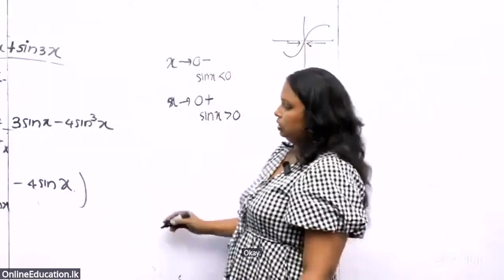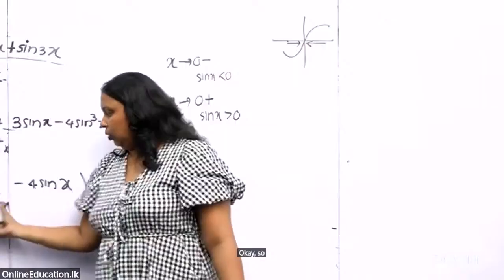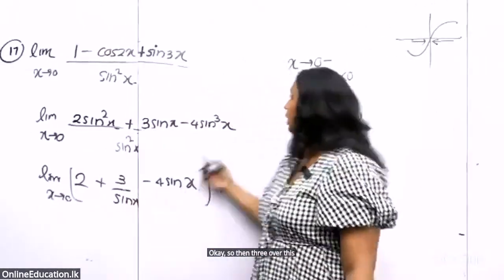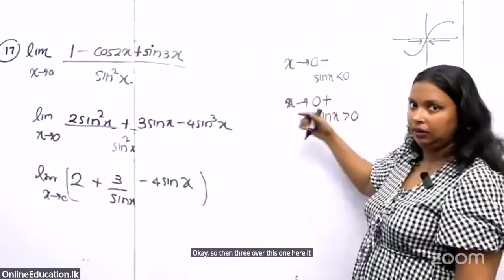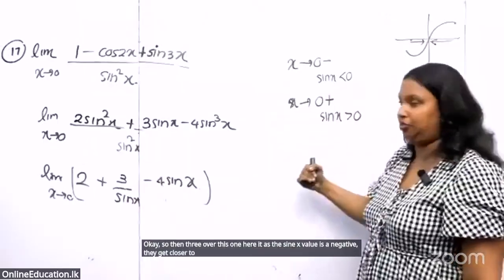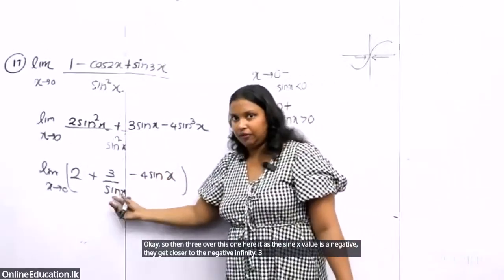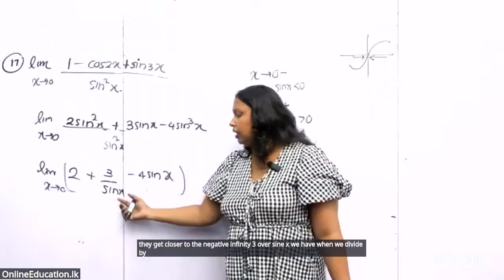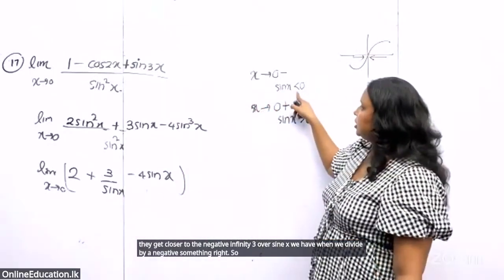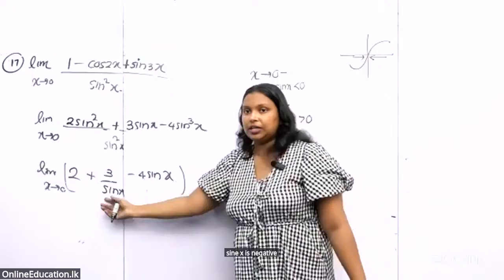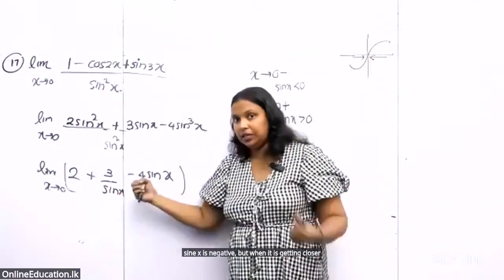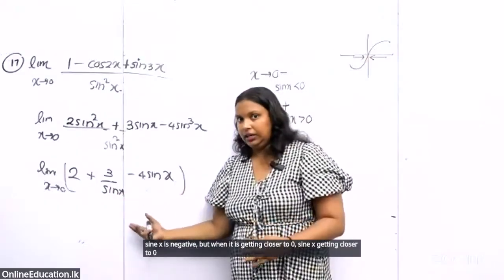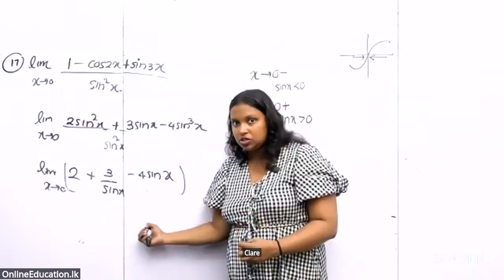So then 3 over this one, as the sin x value is negative, we are dividing by a negative something, right? But when it is getting closer to 0, sin x is getting closer to 0. Clear?